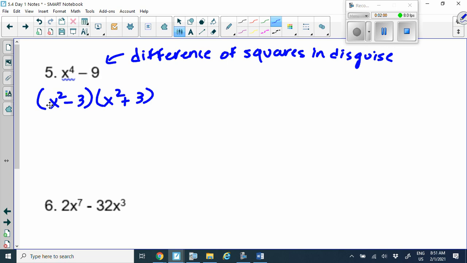Well, the number in front of x squared, which is a 1, that is a perfect square. However, 3 is not. So the x squared minus 3 is not a difference of squares, and we can't really factor this anymore. And with x squared plus 3, this is definitely not a difference of squares because we're not even subtracting. So notice we can't factor any more, so this would just be our final answer. But definitely just be careful with those difference of squares.